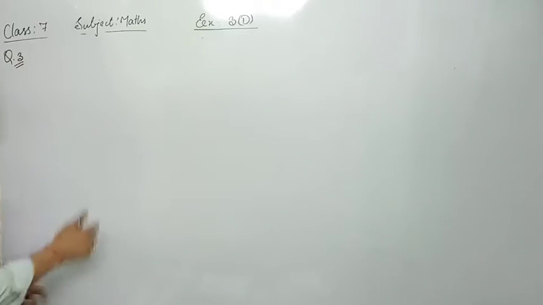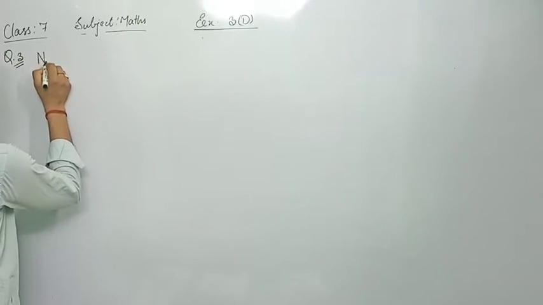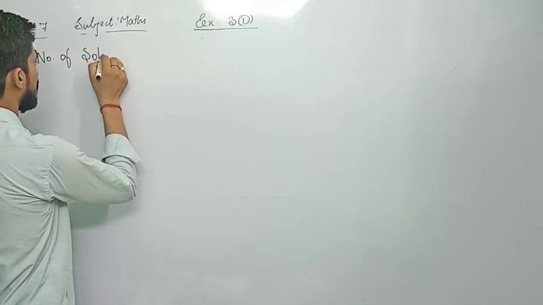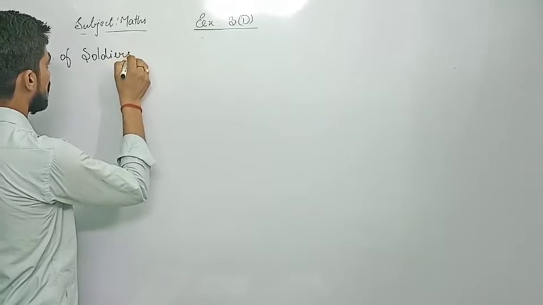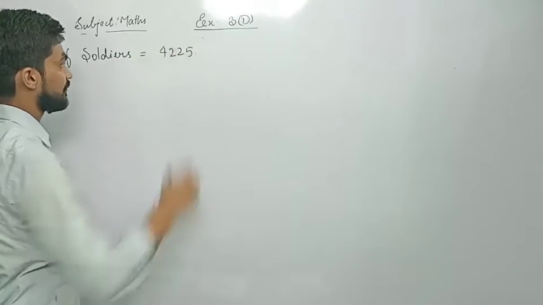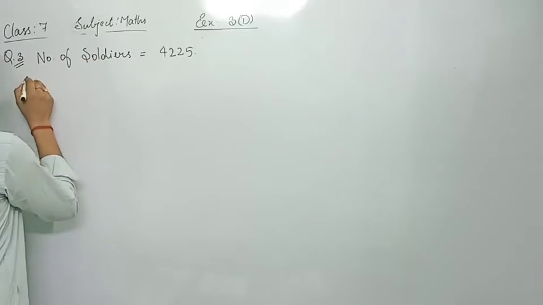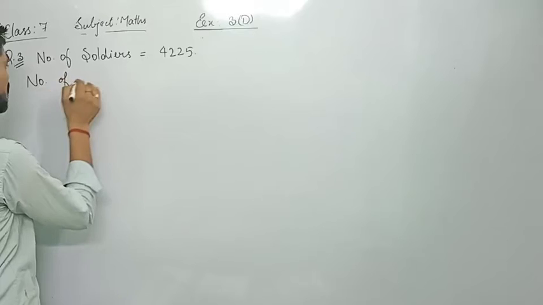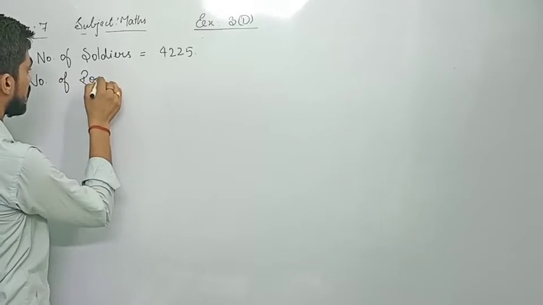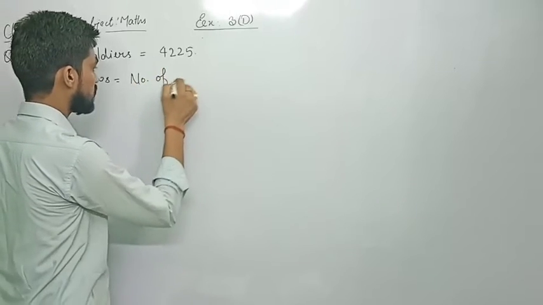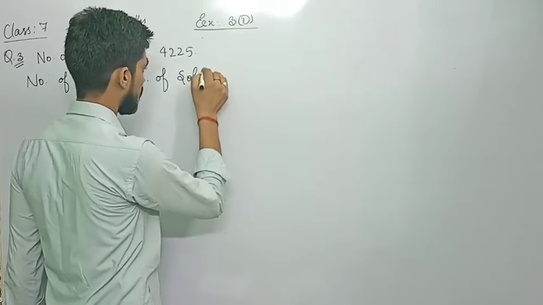See, we have the number of soldiers 4,225. We want number of rows equal to number of soldiers in a row.